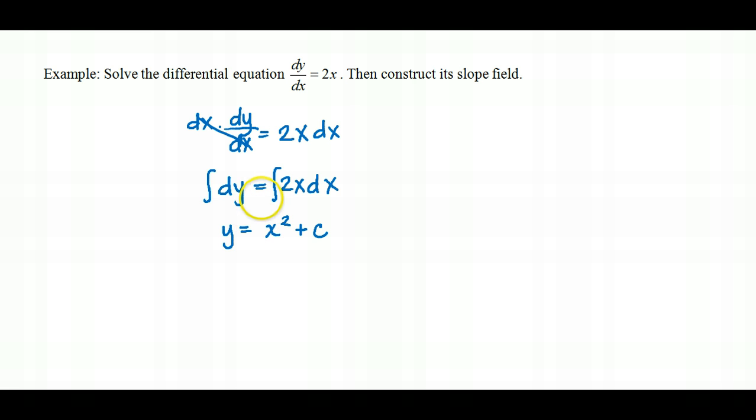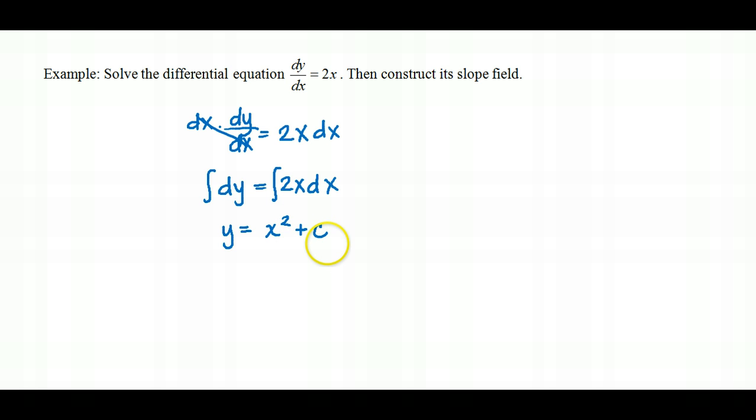So now the idea is that I want to be able to graph this family of solutions. Well, since I was able to explicitly find the general solution to the differential equation dy/dx equals 2x, that's just x squared plus c, it's not really necessary to construct its slope field, because if I wanted to draw the graph of this family of solutions, well, that wouldn't be too hard.